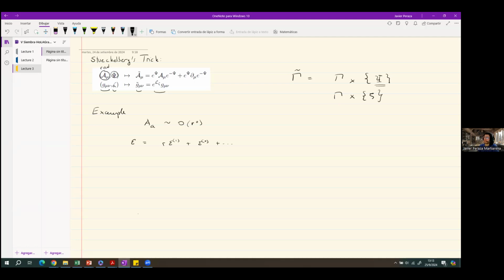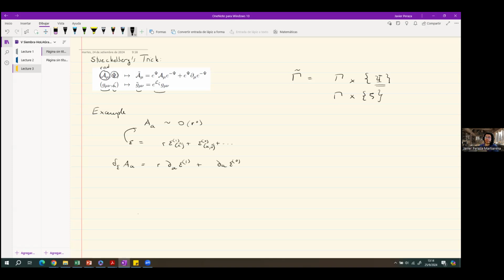Here epsilon1 is a function on the sphere, and epsilon0 is a function of U and x, where x are angular coordinates. So the variation of the angular part will be R times d_A epsilon1 plus d_A epsilon0. And of course, this is violating our fall-offs for the radiated field.